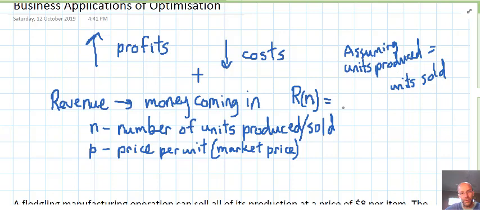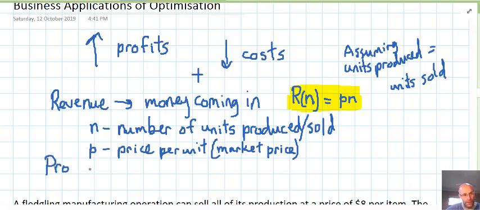It's the price per unit times the number of units you sell or produce. So that would be lowercase p times lowercase n. The revenue function is pn, a function of the number of units sold.